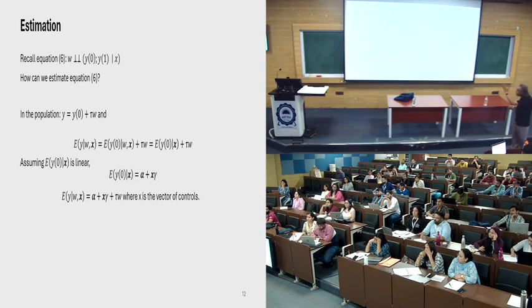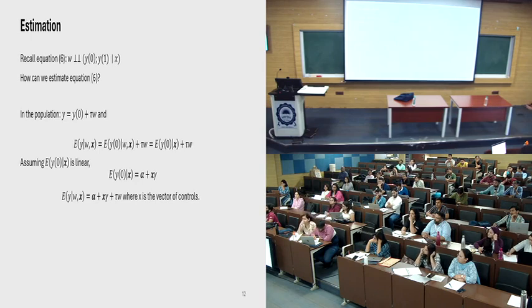So then assume that expected value of y0 conditional on x is a linear function. Given it's a linear function, expected value of y0 conditional on x is nothing but alpha plus x times gamma.